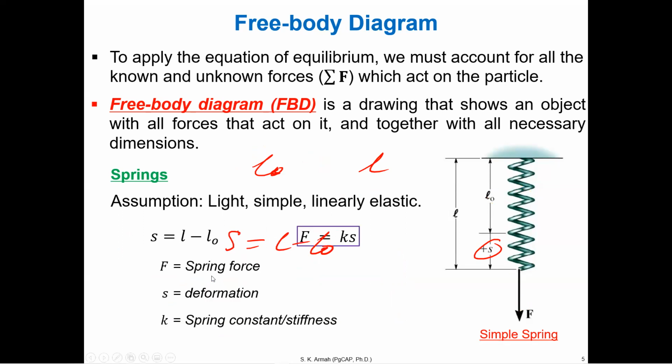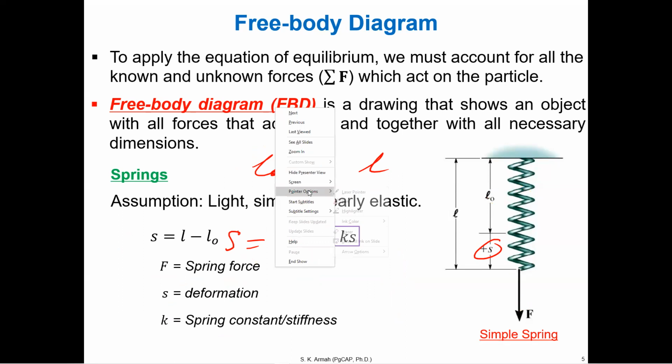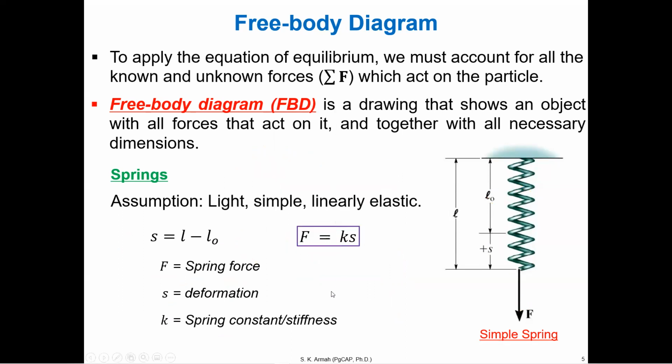And I believe most of you have seen this formula before, F equals K times X. The spring force is proportional to the extension. If you remove the proportional sign, then the spring force equals a constant times X. This constant is what we call the spring constant or the spring stiffness.